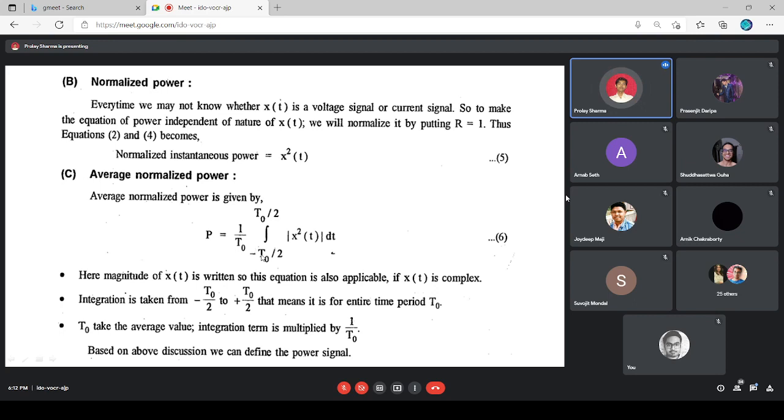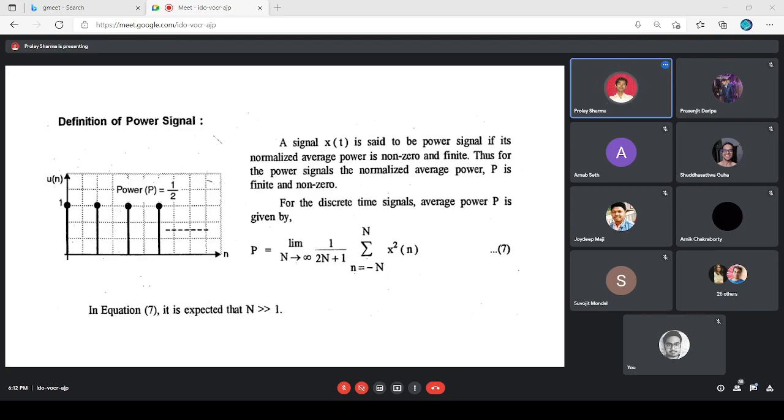So the factor 1 by T0 is coming to make this power average, to obtain average power. So these are the three different types of power expression we got: one is instantaneous power, then normalized power, and third is the average power.